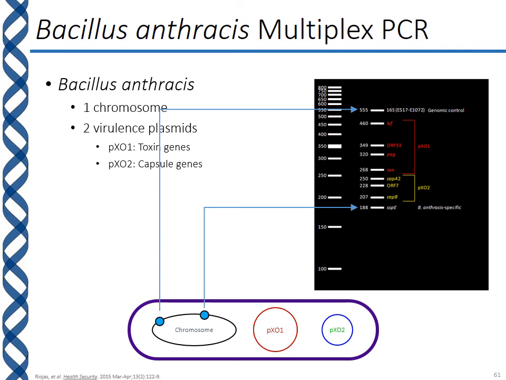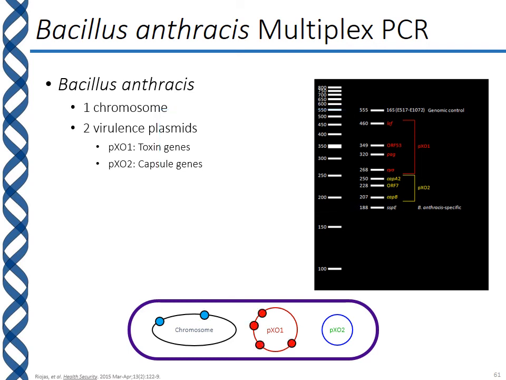One of these amplicons is 555 base pairs. That's part of the 16S gene. The other is an sspE gene that is specific to Bacillus anthracis. That's 188 base pairs in length. And so you have one being the top band, the other being the bottom band.